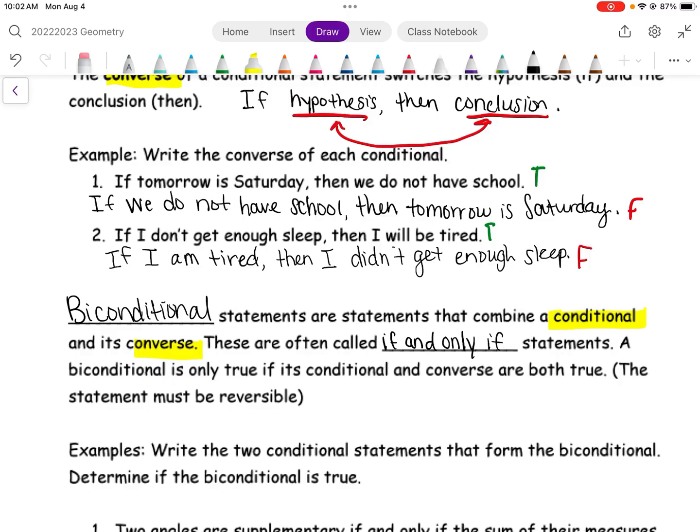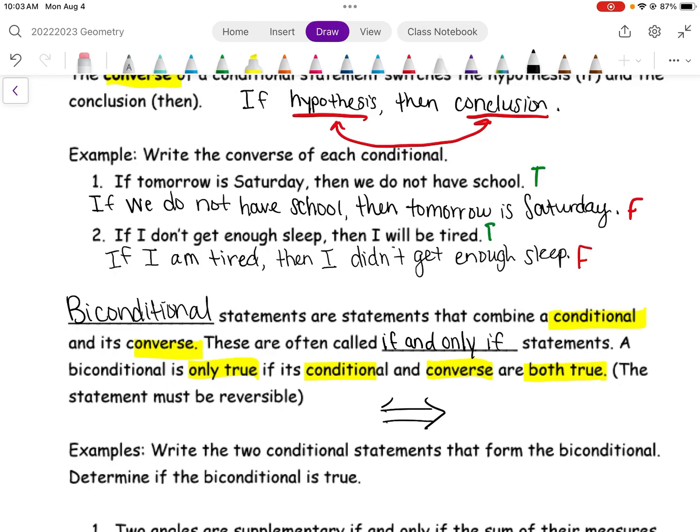A biconditional is only true if its conditional and its converse are both true. In other words, the statement must be reversible. So if a statement is true and then you flip it and it's still true, it's a true biconditional.